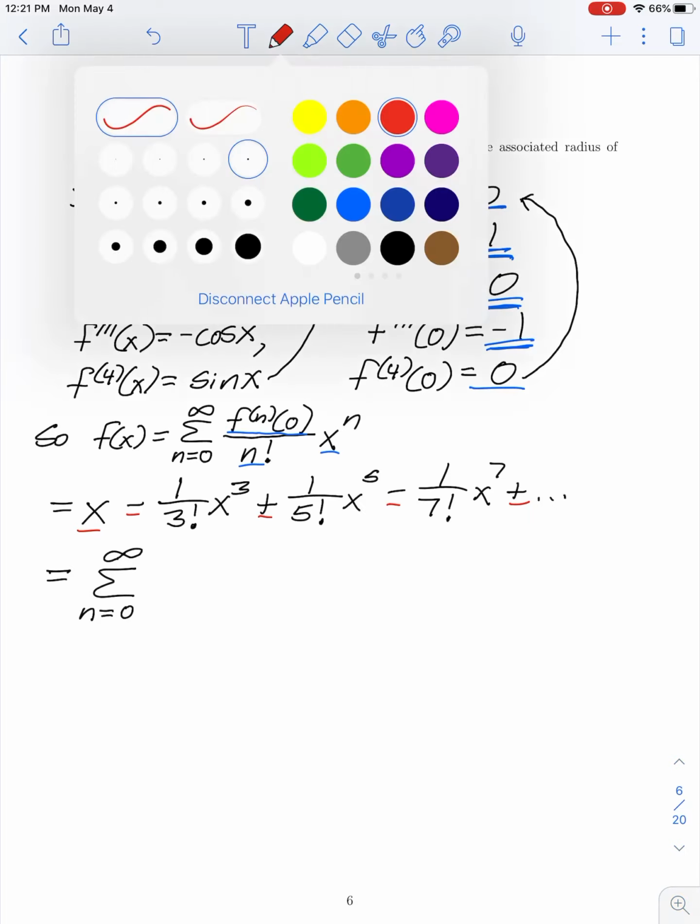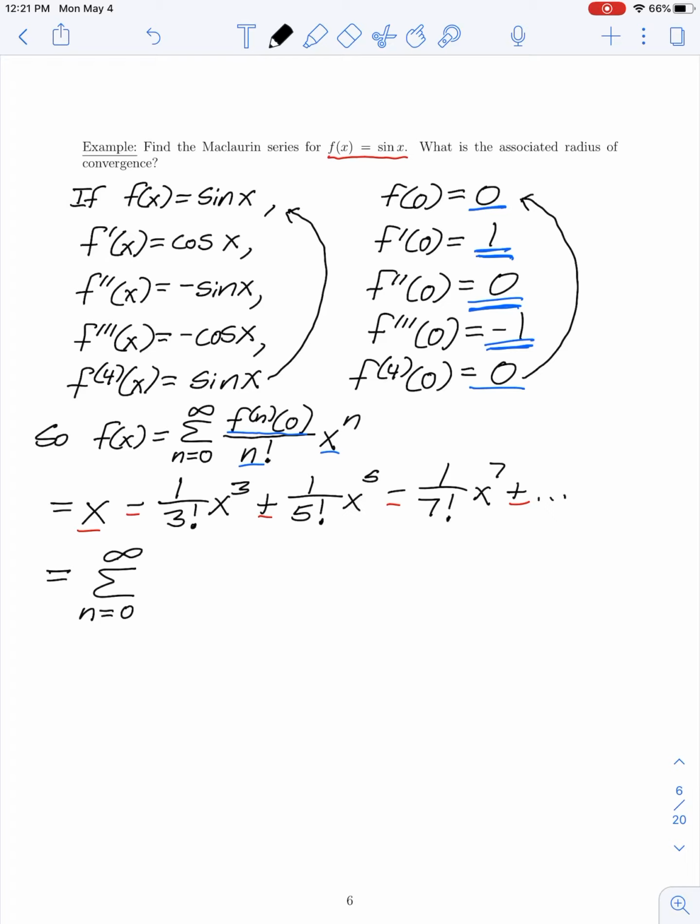So to capture this alternating sign, we can use the general expression, negative 1, either to the n or the n plus 1 power. Here we only have odd powers, so let's maybe start by looking at how we're going to express odd powers of x.